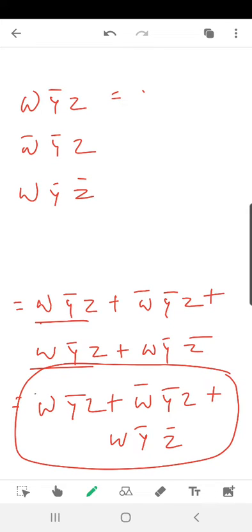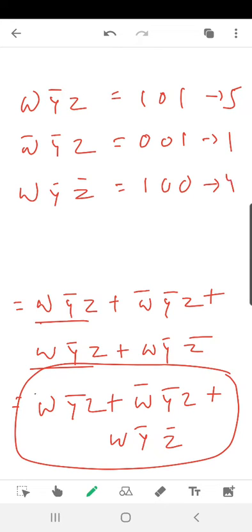These terms will be written as 1 0 1, 0 0 1, and 1 0 0. 1 0 1 represents 5, this represents 1, and this represents 4. So the min terms in our three variable form will be 1, 4 and 5. That means output number 1, output number 4, and output number 5 are actually our solution.